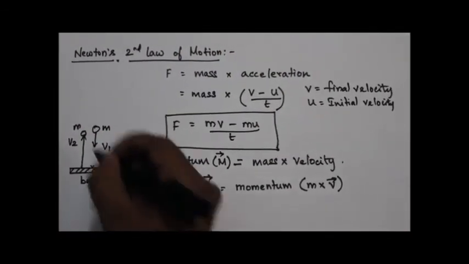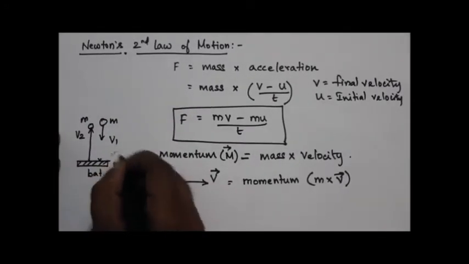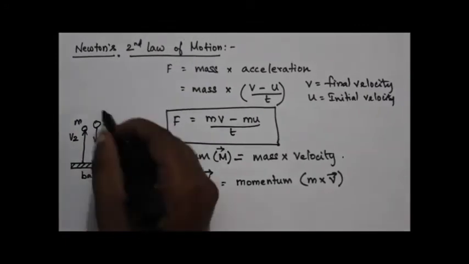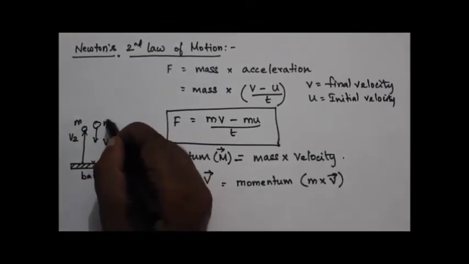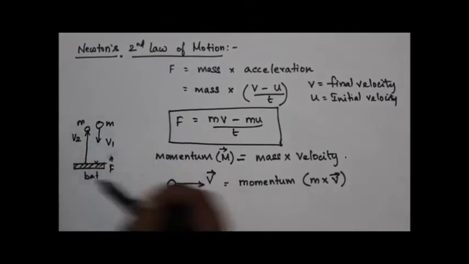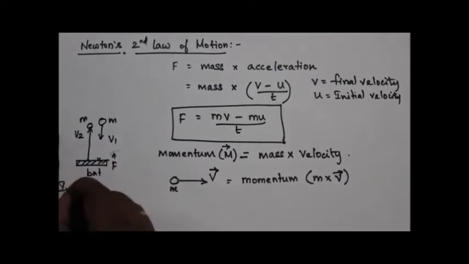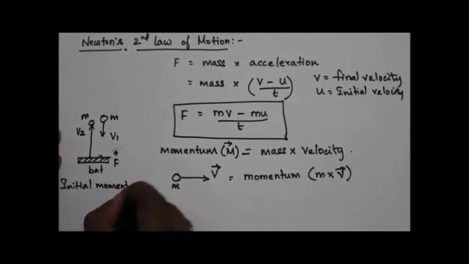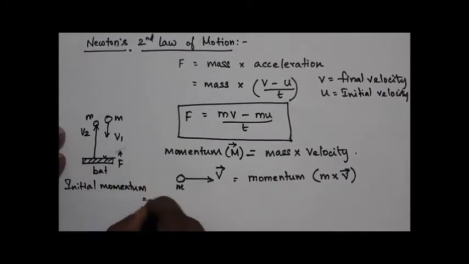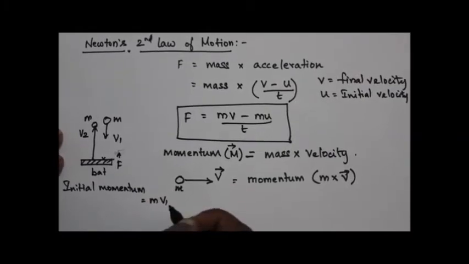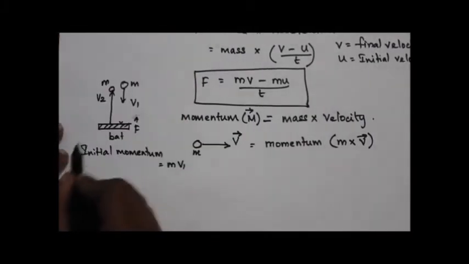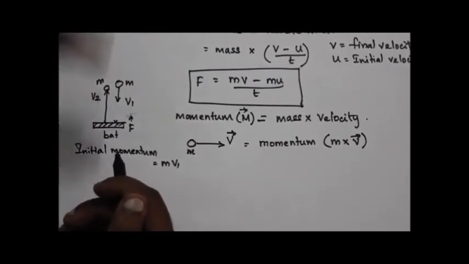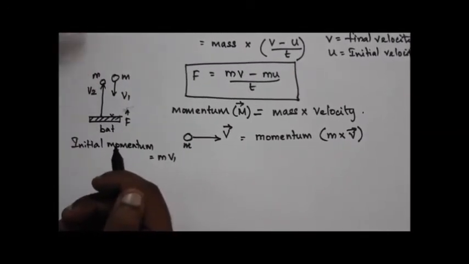Now this bat is giving a force to this ball, because as you can see, the initial momentum of this ball is m times v1, and the final momentum, after striking the bat, is when the ball again goes up.